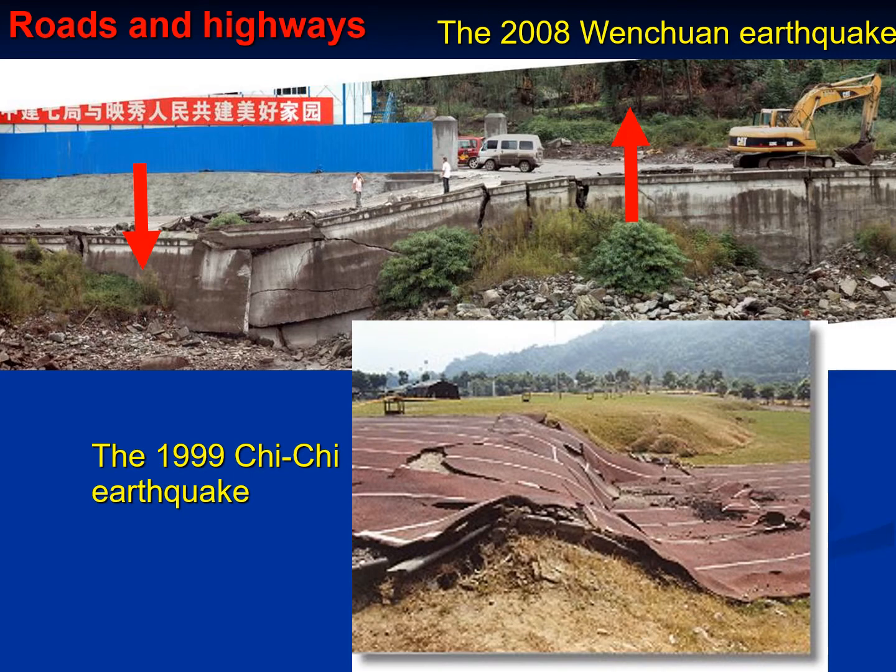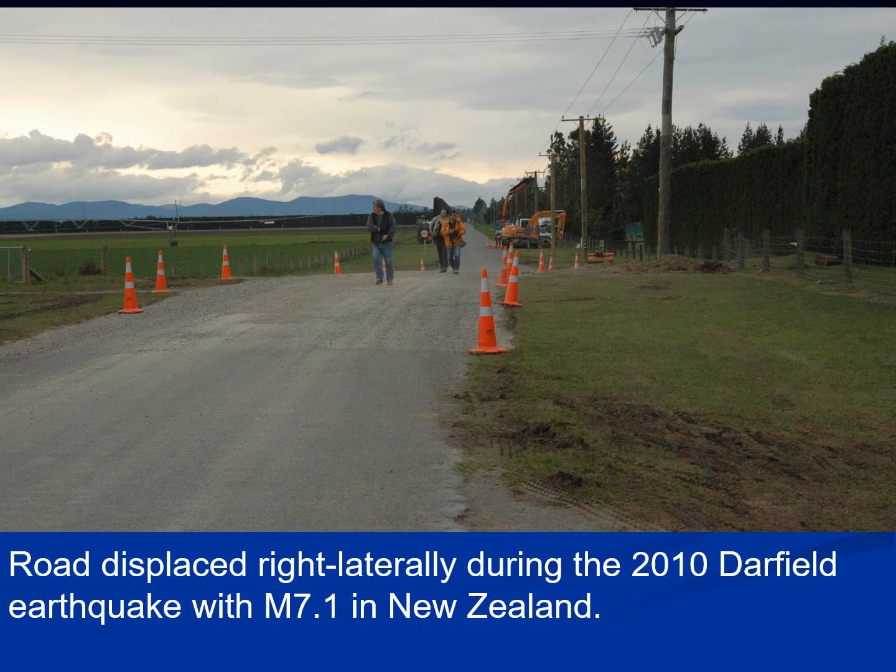This stadium road was displaced, but it is very easy to repair. The same, even easier maybe, is true for the road in New Zealand displaced right laterally during the 2010 Darfield earthquake.